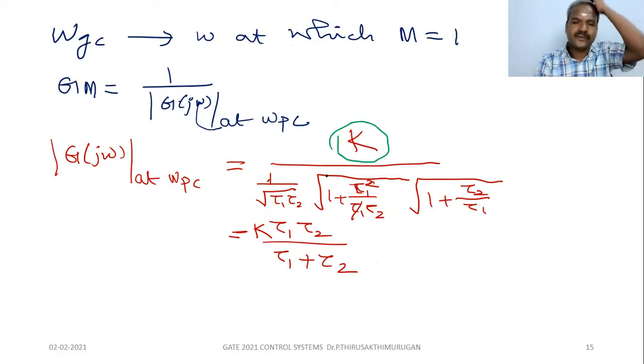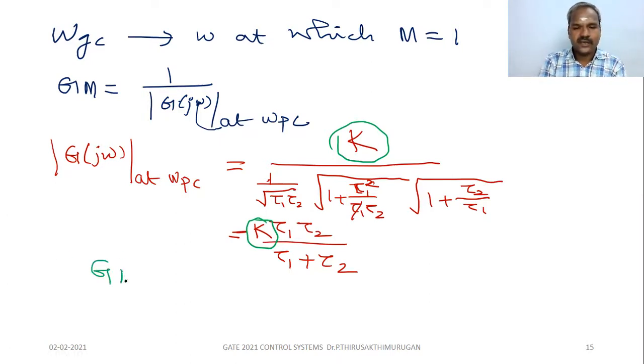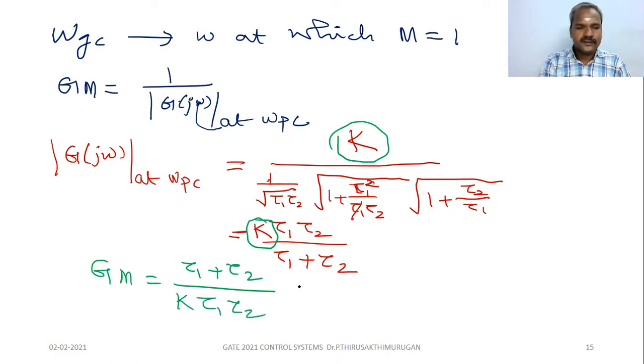So we can multiply with this value. So what is gain margin now? Gain margin is the inverse, so tau 1 plus tau 2 divided by k times tau 1 tau 2. This is the gain margin. Understand?